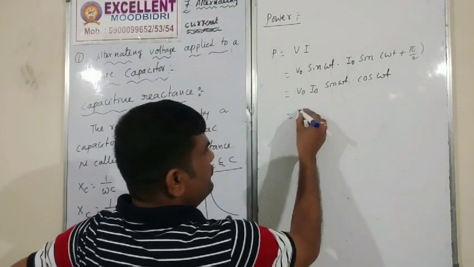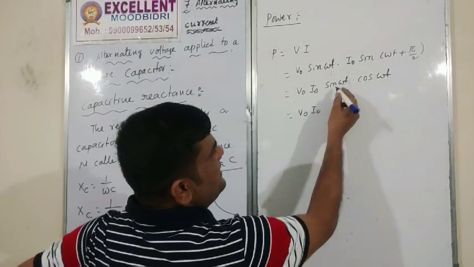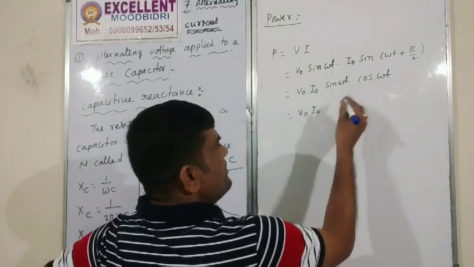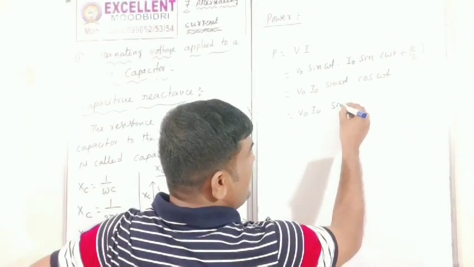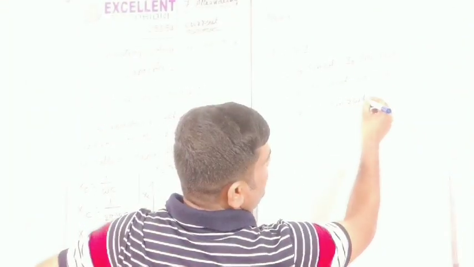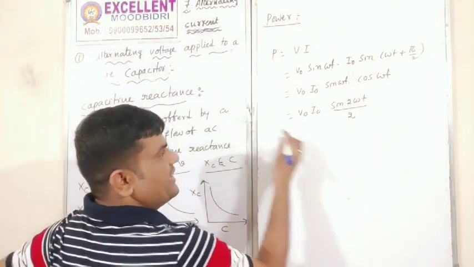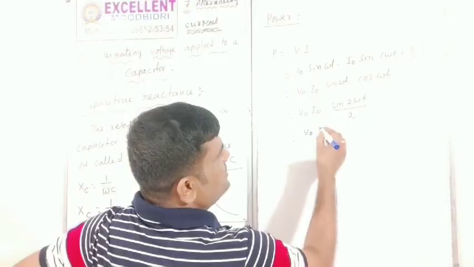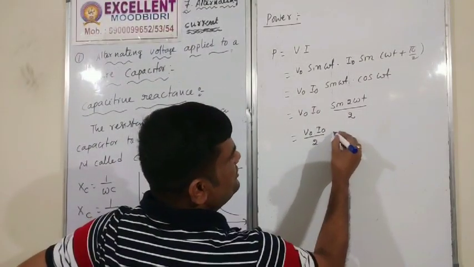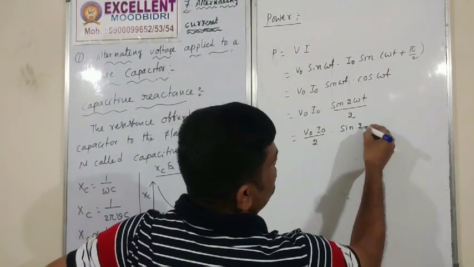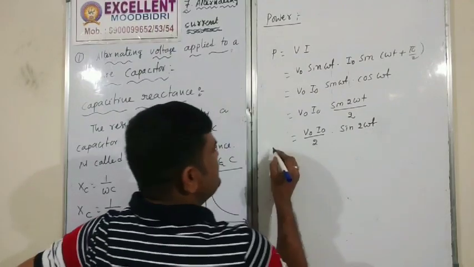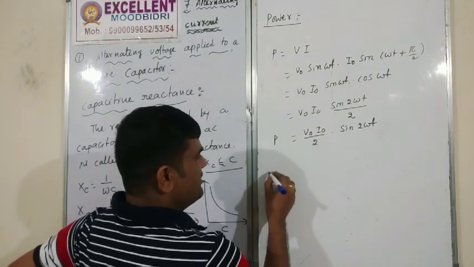We know the formula already: sin omega t cos omega t is nothing but sin 2 omega t by 2. So V naught I naught by 2 into sin 2 omega t. This is the power.